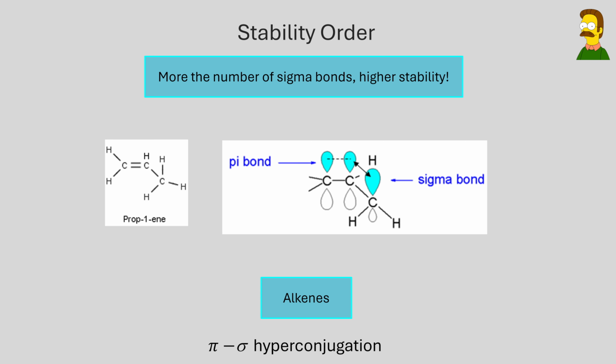Now in this case, there's an electron-rich pi bond, and you've got a couple of electrons over here. So the direction in which these electrons move could go from here to here, but where do they go? From the pi bond, they could go back to the sigma bond. Like, whoa, that's interesting. Hence it's called pi sigma hyperconjugation. I'm going to leave it at that.